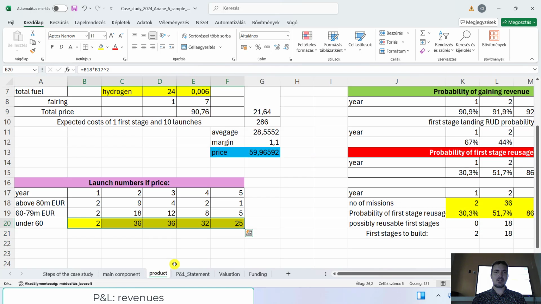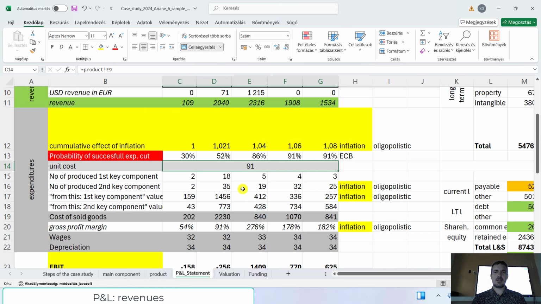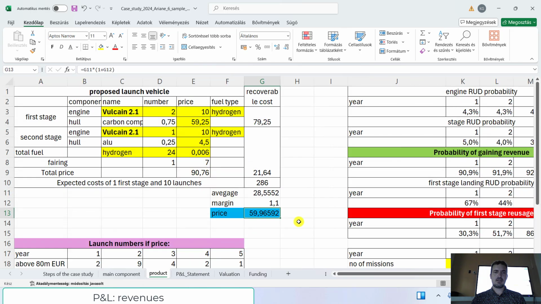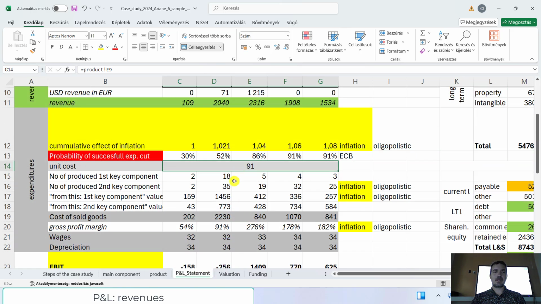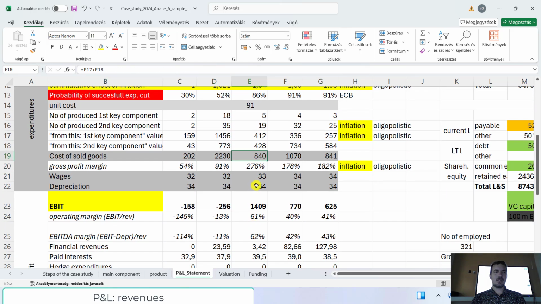Why is it 91? It's not supposed to be 91, this is supposed to be this price here. So, product A9. Product. Sorry, this is the manufacturing. Okay, yep. Sorry. Unit cost, okay, then it doesn't matter.